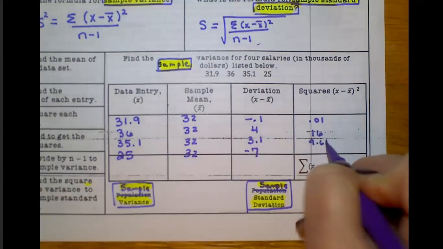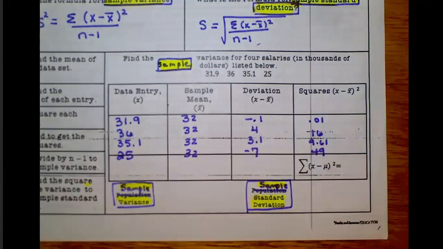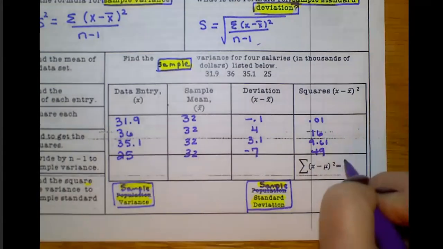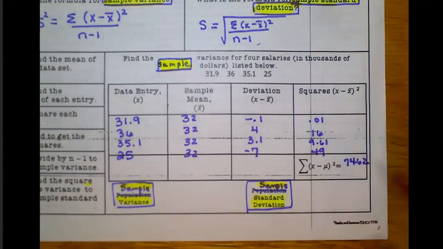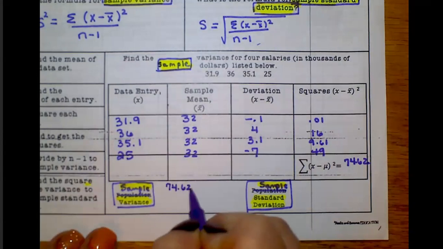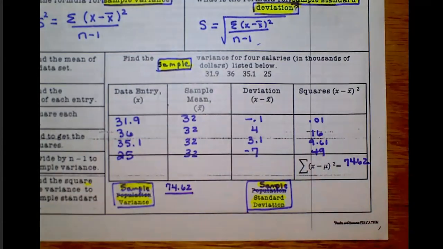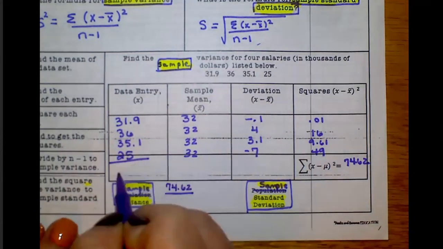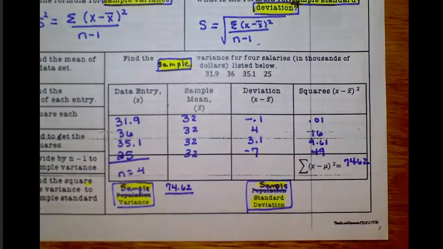My sum of squares is going to be the same. Okay? You might be saying, well, why am I doing this? I want you to understand that it's going to be done the same way except for what you divide by. So don't let it confuse you. It's just when you deal with a sample. Okay, that's my sum of squares. My n is equal to 4.